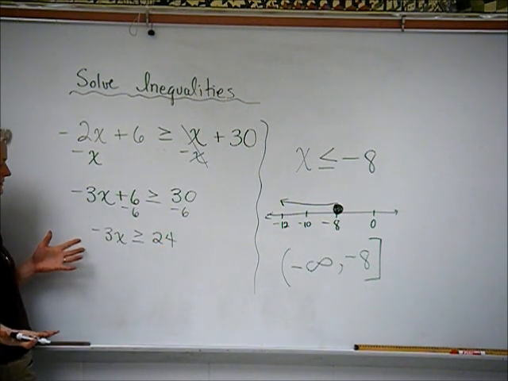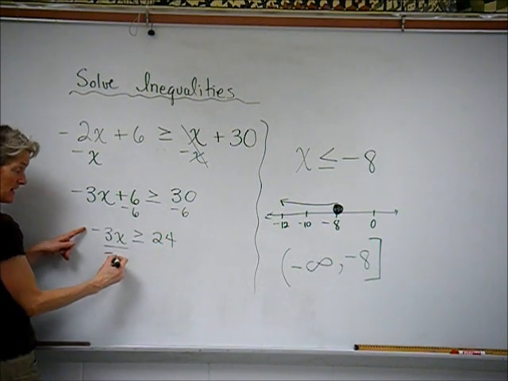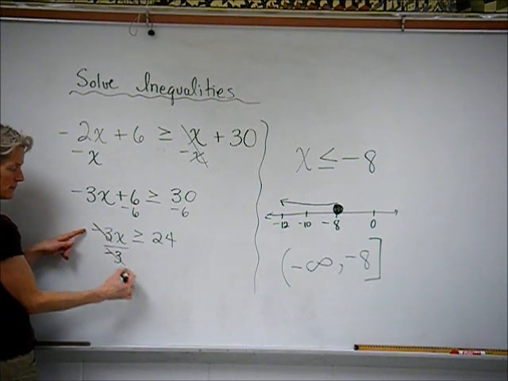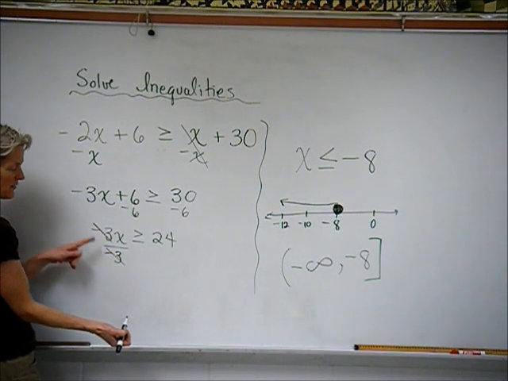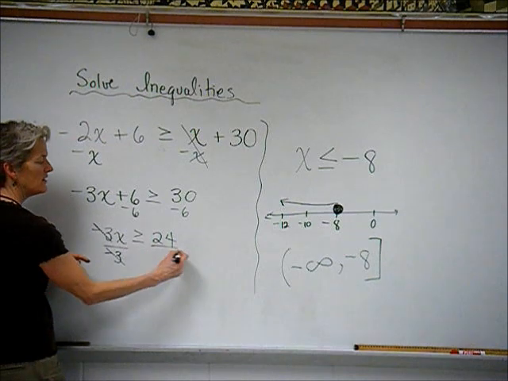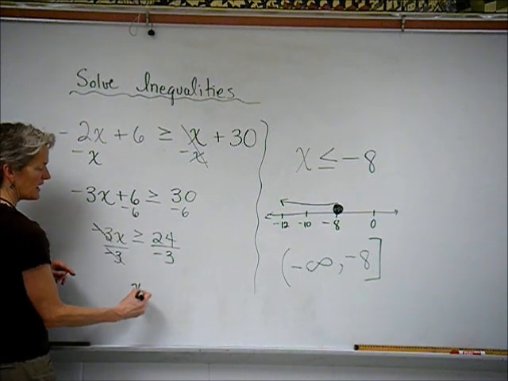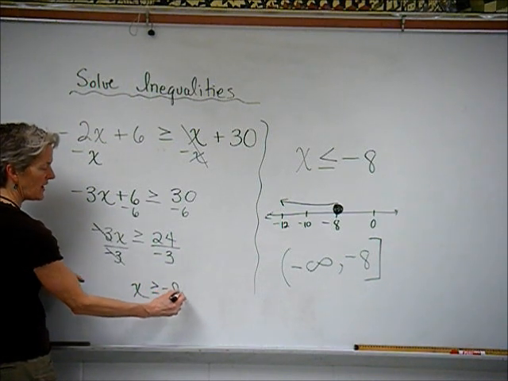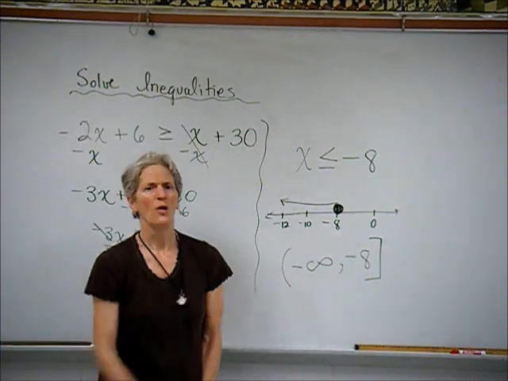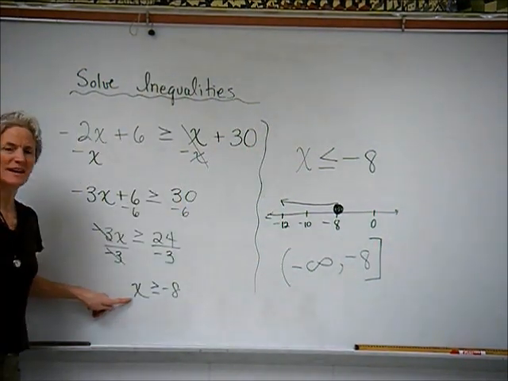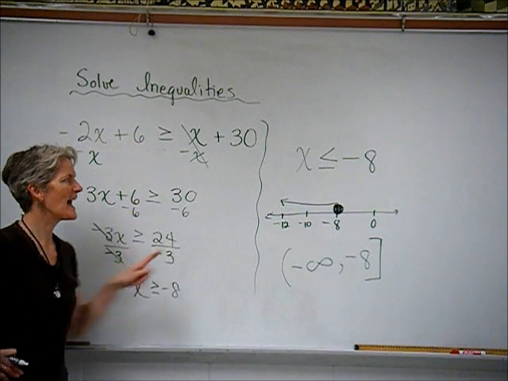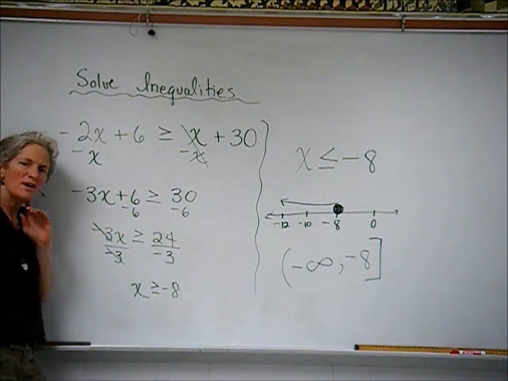This is all legal. Divide by negative 3, because I want to get rid of the negative 3's. Negative 3 divided by negative 3 is 1. Then I would get x is greater than or equal to negative 8. And then I'd say, oh, hold on, that's not what I got doing it the other way. What the heck happened? What did I forget to do over here?